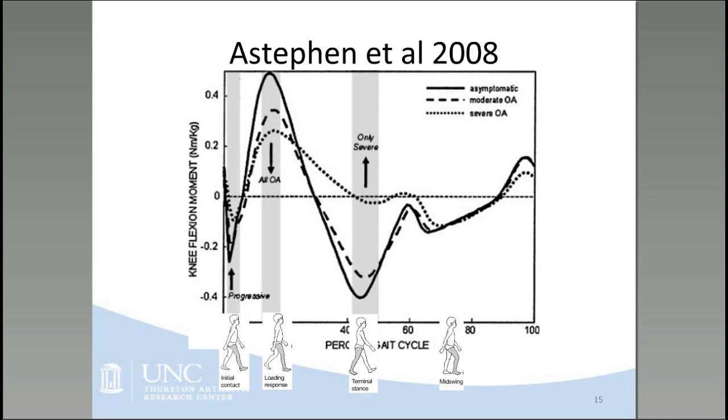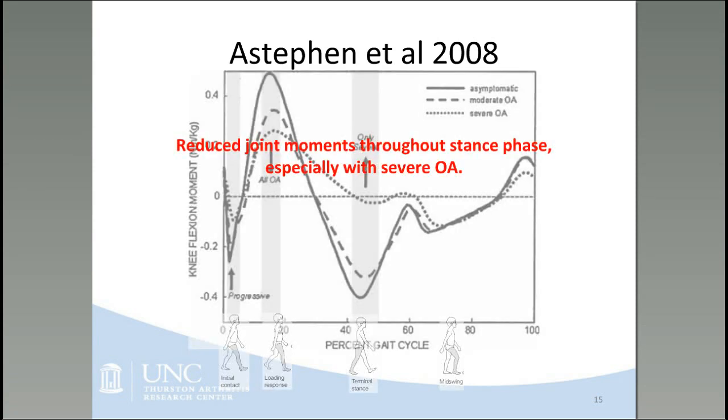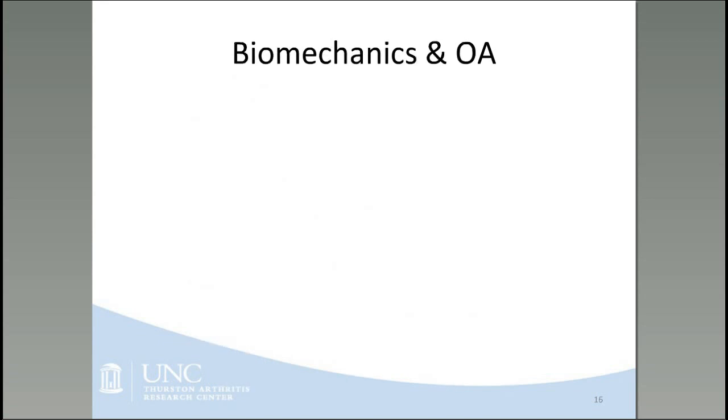A common way to reduce ground reaction force is to slow down your walking speed, and this is exactly what the severe group did. They walked about 30% slower than the asymptomatic group. So overall, we see that knee OA is associated with reduced joint moments, and particularly for those with severe OA, the knee moves almost entirely throughout stance, placing greater demands on the extensor muscles compared to normal knees.